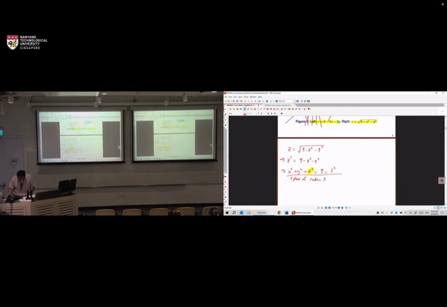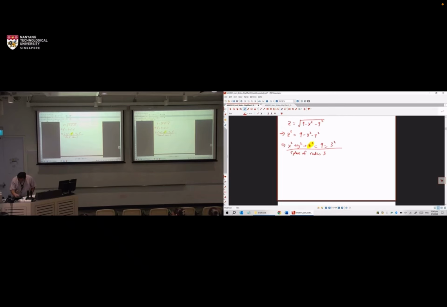Now, the part here that I want to mention is that from here, you must take note that what you are given is actually a square root. So if you square root x squared plus y squared plus z squared, that will give you 3. Sorry, that will actually give you this one. Because by virtue of the square root, it dictates that everything must be positive.